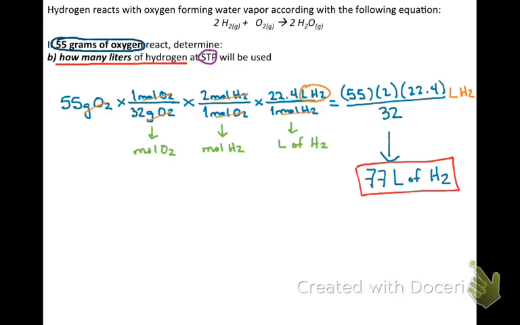If you want to use rules of 3, you can either transform everything to grams or everything to liters, or use 3 different rules of 3. One to transform the grams of oxygen into moles of oxygen.